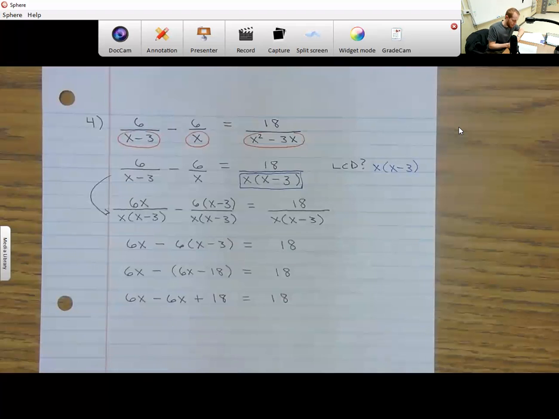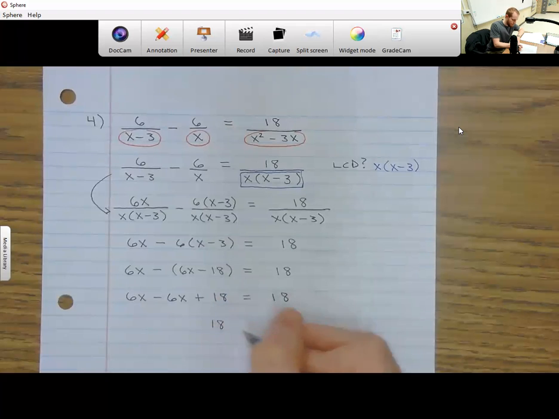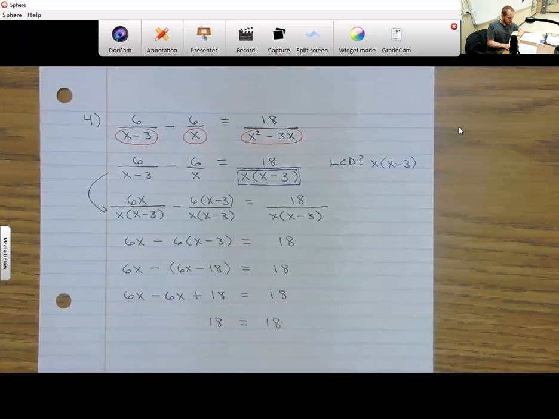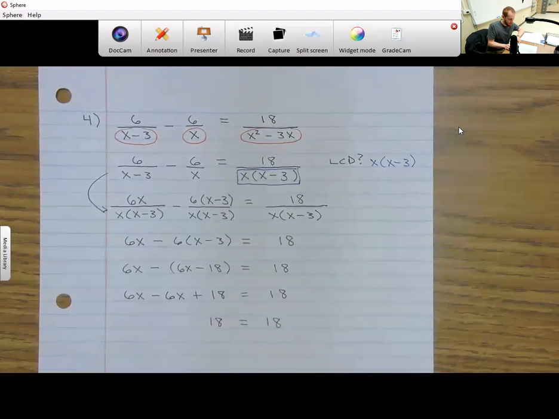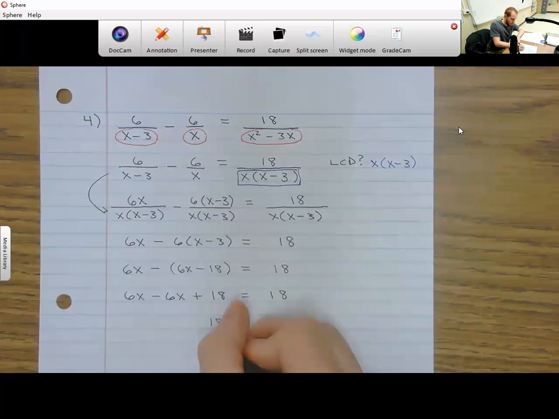So the only thing I'm left with on the left side is the 18. The only thing I have on the right side is 18. So I have 18 equals 18. All the x terms cancel out. So does 18 equal 18? Yes, this is a true statement.